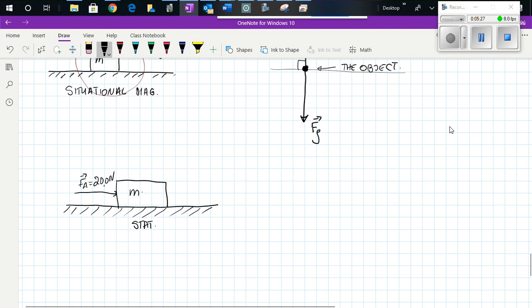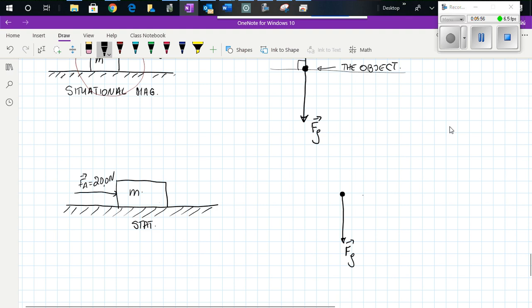So again, what we will do is convert this situational diagram into a free body diagram. We'll take the object of interest, which is the object with mass m, and replace it with a dot that is representing the object. We'll start with the universal forces. The universal force is the force of gravity.